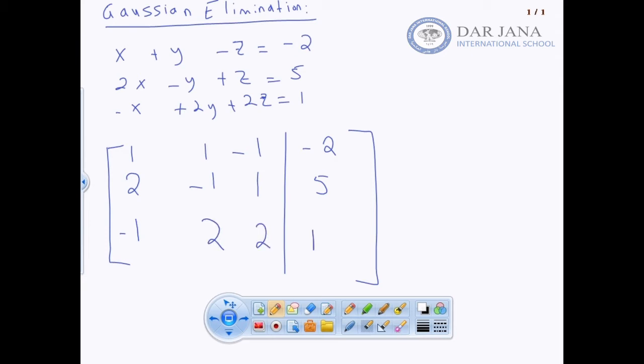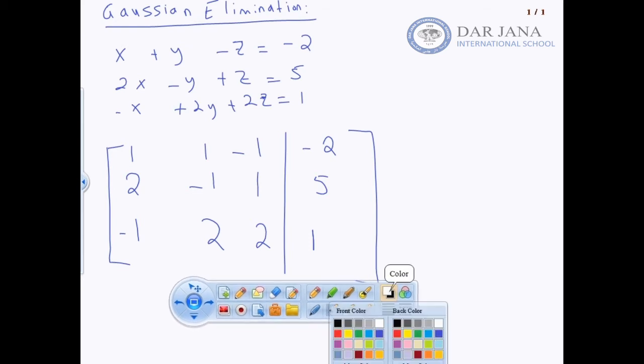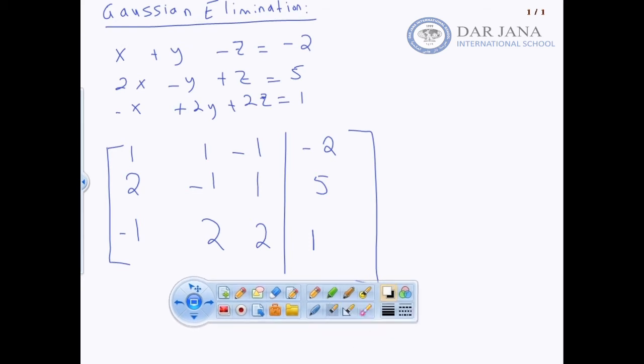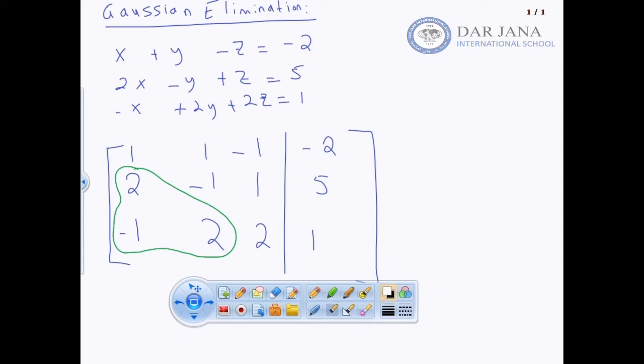My target is to use the elementary row operations to convert these three numbers to zeros and these three numbers to 1.